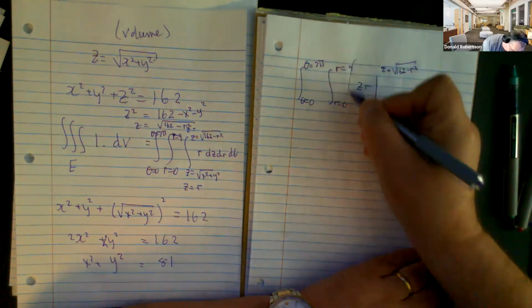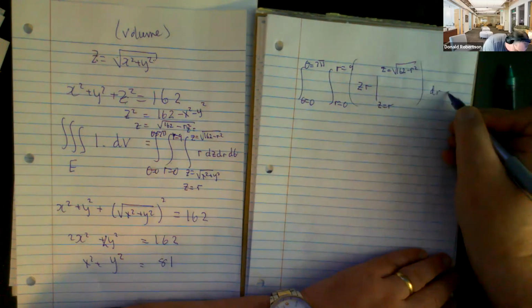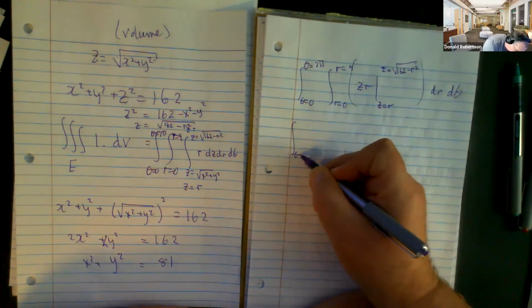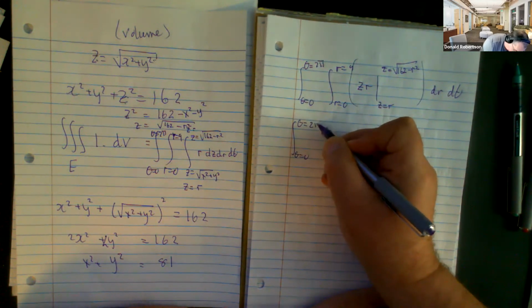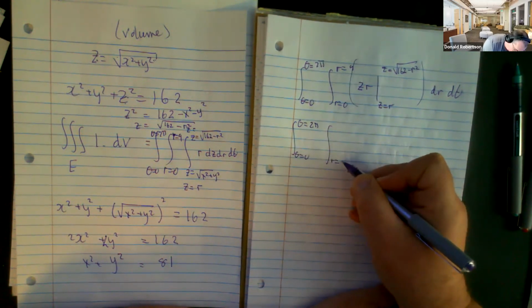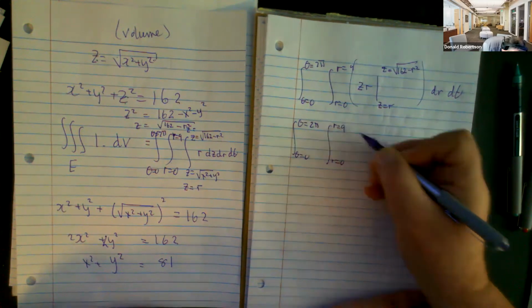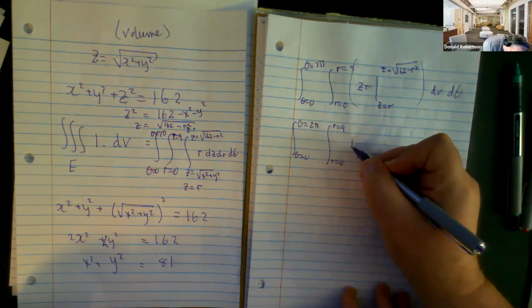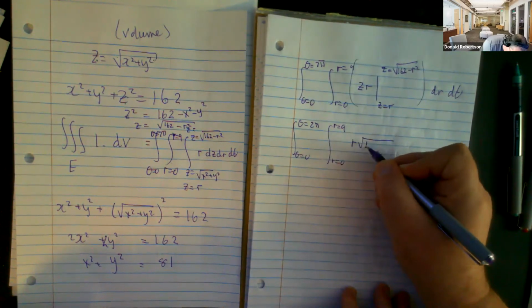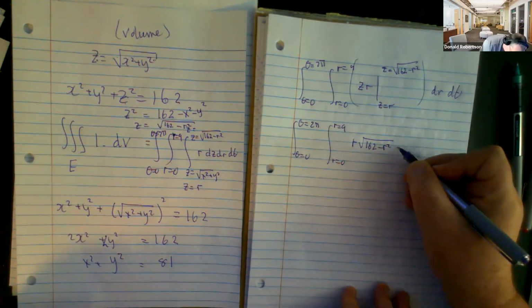And then you'll do the dr d theta after that. So it's from here to here, and then from here to here. What we get here is r times the square root of 162 take away r squared, minus an r squared.